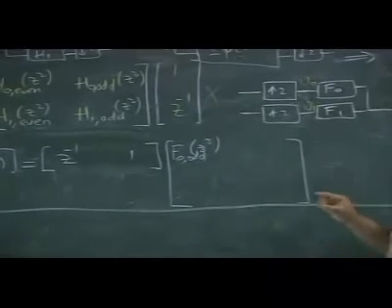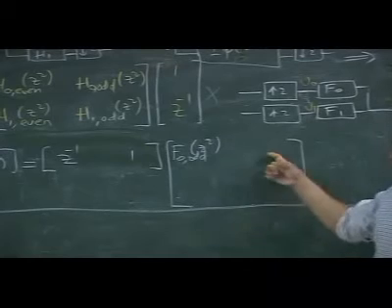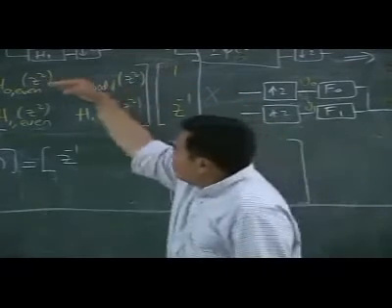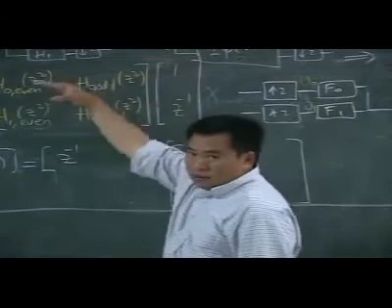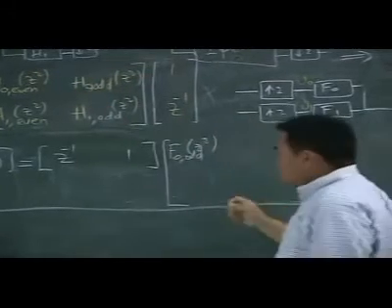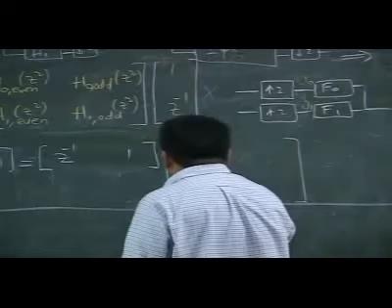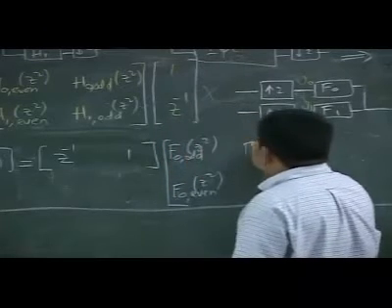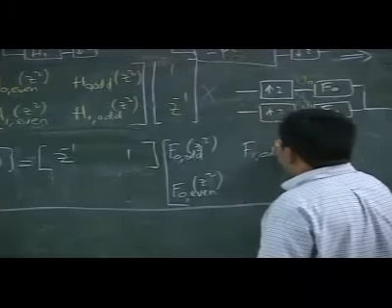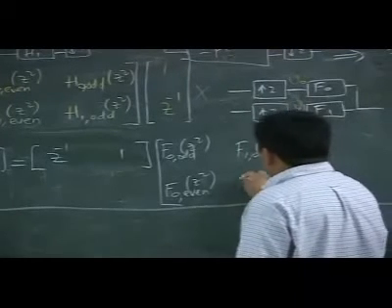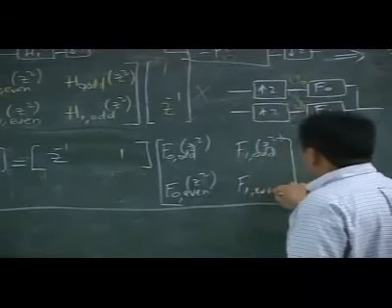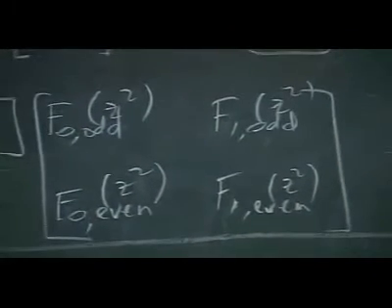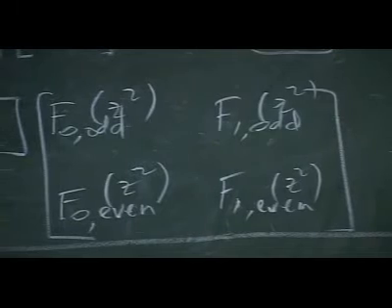And why is F0 even going to go here or there? There. So instead of a row, right now you have a column. Okay? So you have F0 even, Z squared. And here is F1 even. Okay?